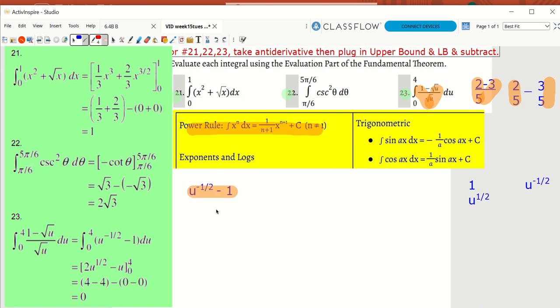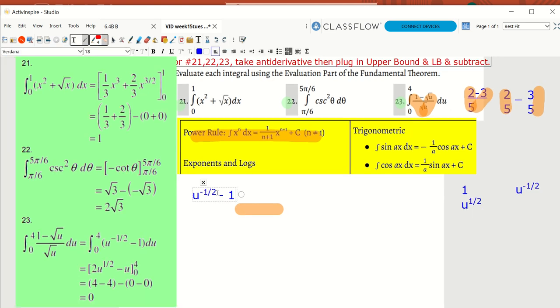Now you take the antiderivative based on this function over here. So you add 1 to the exponent, using the formula. Let's zoom in on that and ignore this -1. If you add 1 to -1/2, you get that. And we're going to take care of this 1 over n plus 1.